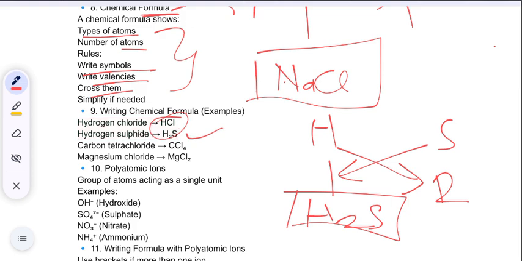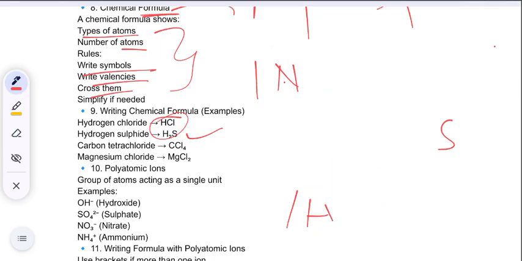Next is carbon tetrachloride. See, what is the valency of carbon? First you need to learn those valencies. Without valency nothing is possible in this chapter. The valency of carbon is 4.